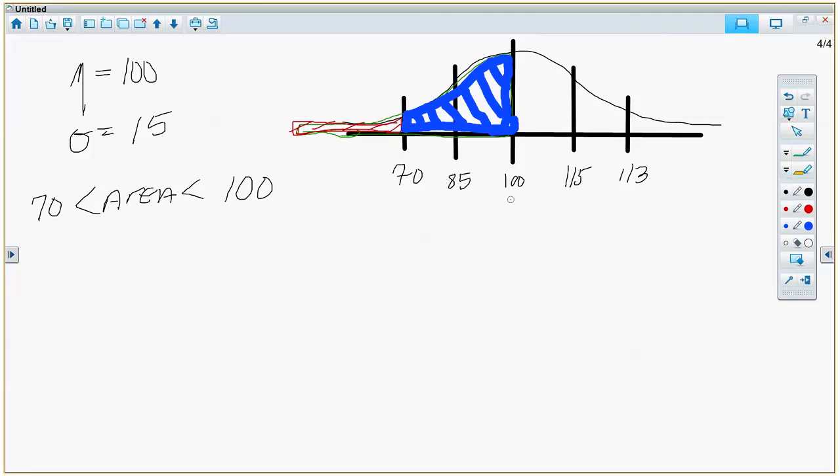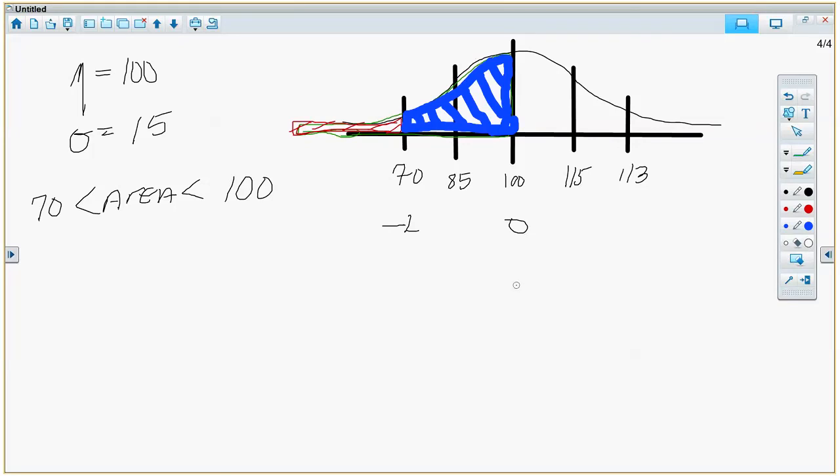So 100 minus 100 over 15 is 0. Okay? I did that one for you. Now let's do 70. 70 minus 100 is negative 30, over 15 is negative 2. Is that what y'all got? All right.